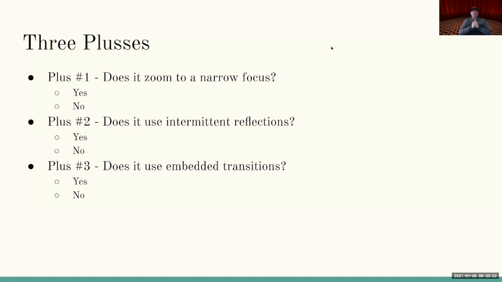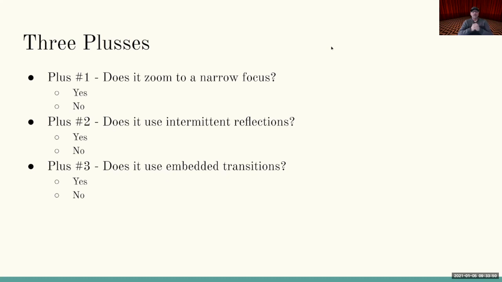So are you zooming? Plus number 1, are you zooming to one specific focus, either a location zoom or an umbrella zoom? Plus number 2, are you using intermittent reflections? Is the narrator of the story, which is you, periodically talking about how you feel in a certain situation?